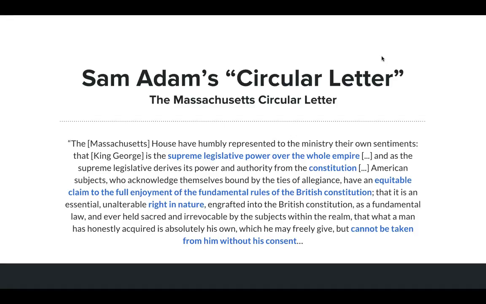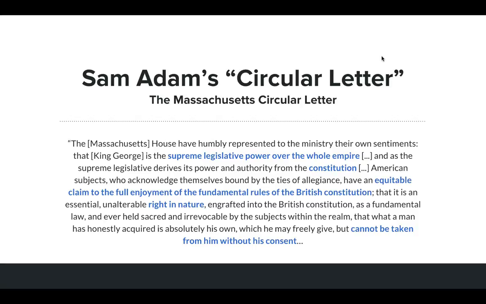Now, Sam Adams' circular letter was written pretty much after the publication of John Dickinson's Letters from a Farmer in Pennsylvania, which we've covered in class. And it's a response to the Townshend duties.